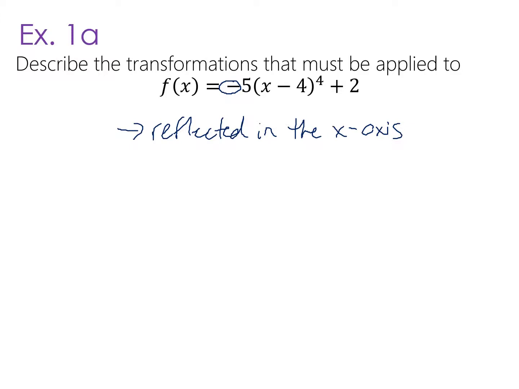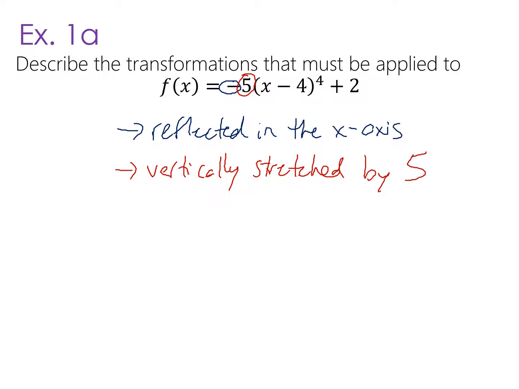The next thing we're talking about is the 5. That's like your a value, vertically stretched by a factor of 5. Next thing we encounter is this, which we know moves our graph right 4.